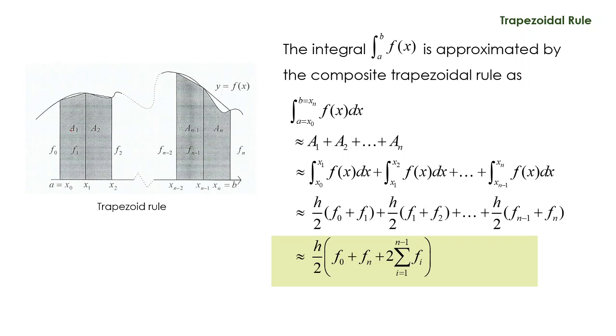So they try to simplify. For each trapezoidal area, this is the formula for each segment, and then they try to simplify.